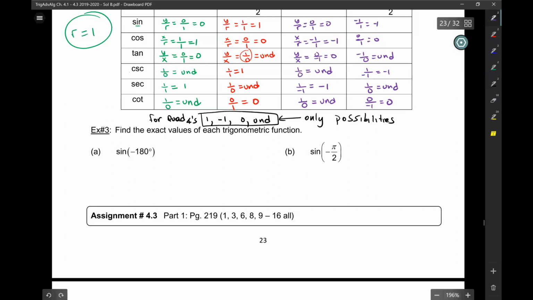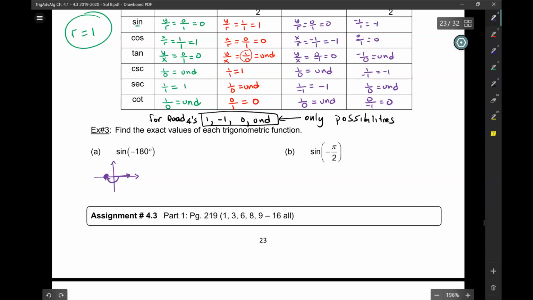So here I want sine of -180. First, let's figure out where is -180. If I draw -180, if that's my initial side, -180, that's right there. I end right there. That is a quadrantal angle because it falls on one of the axes.